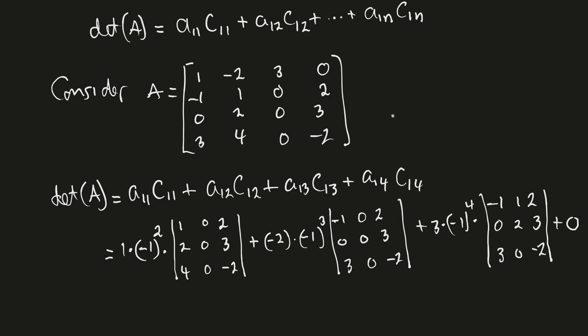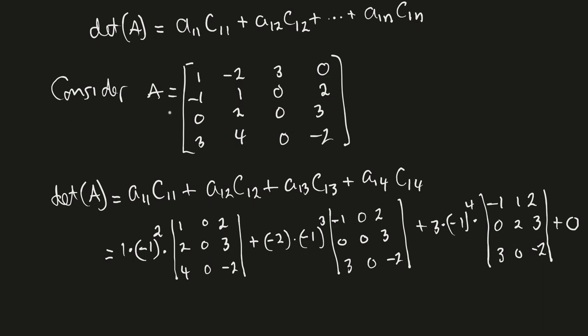Now, the definition requires that we use the entries in the first row to do our expansion. Well, it turns out that this definition can be extended into a theorem that says you have a choice as far as which row or which column you can use.